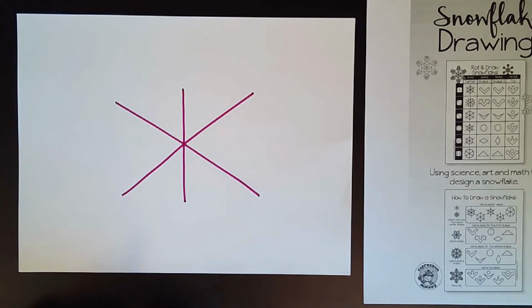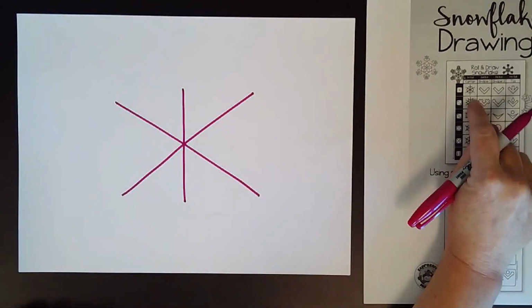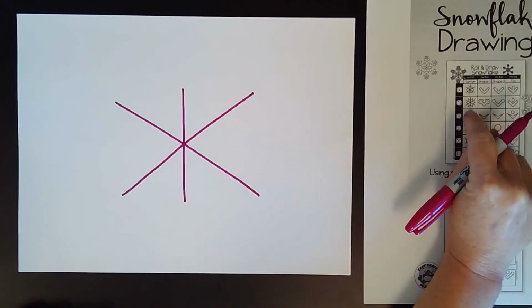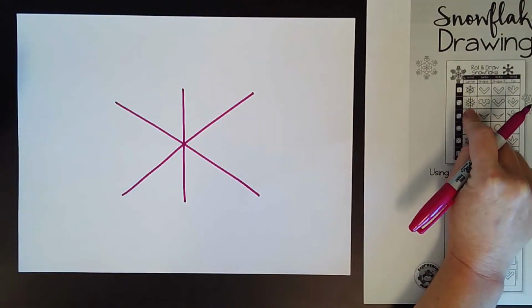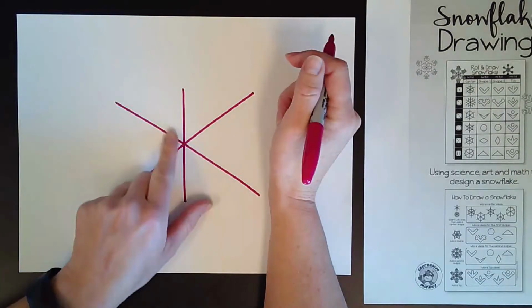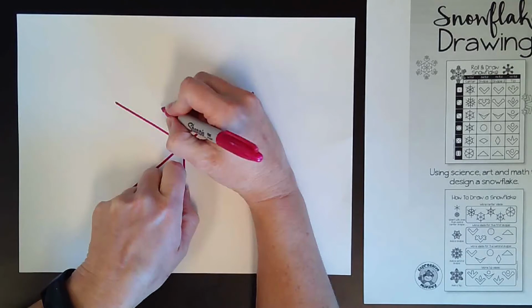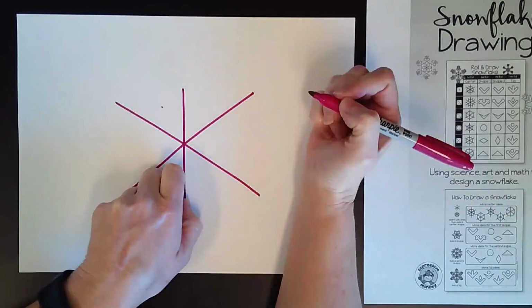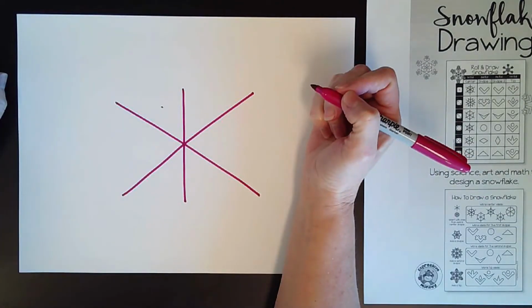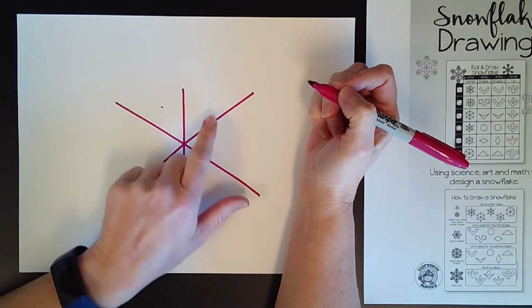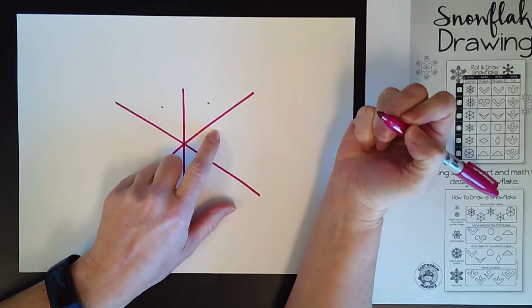Okay, so now to do the center, to make it look like this shape, here's what we're going to do. I'm going to start right here in this little wedge, and I'm going to make a dot. Then I'm going to go over here, and I'm going to make another dot.